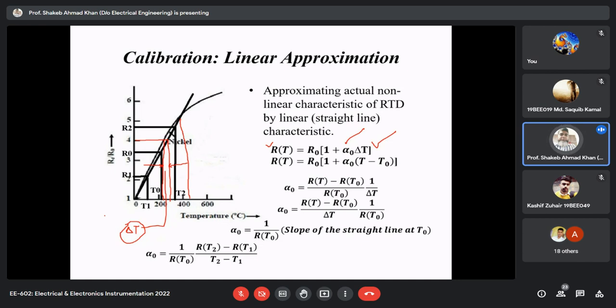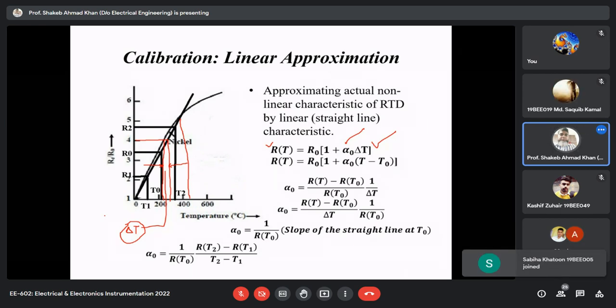So this maximum deviation, we check if it satisfies our accuracy requirement. Now what is accuracy? Suppose we want our measurement to be within plus minus 1% of the true value.